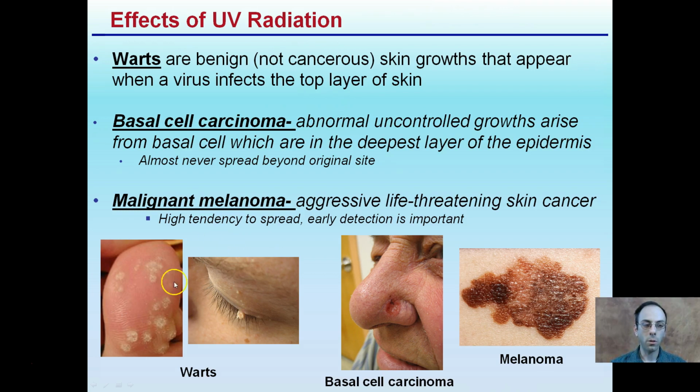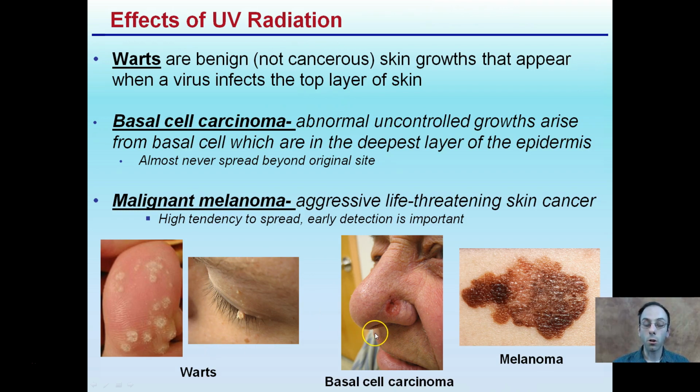So you may ask, why don't I include images of warts here, particularly it looks like a finger here, or they can literally occur on the eyelid. Well, these are often confused with skin cancer. They're benign, they're not cancerous, and they're just skin growths that appear when a virus infects the top layer of skin. So again, it can be very similar in appearance, but very different in the root cause.